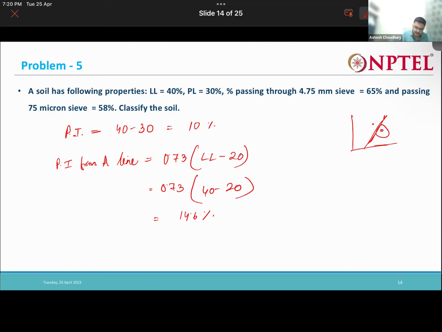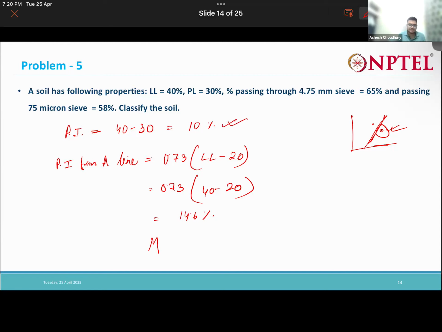So our soil is actually where, above or below the line? It is below the line, right? If the soil is below the A line, is it clay or silt? Silt. So it will be M. And what will be the suffix?